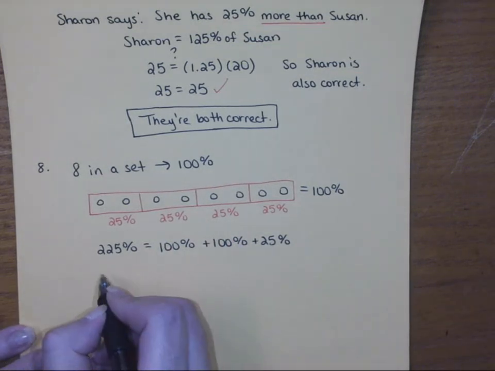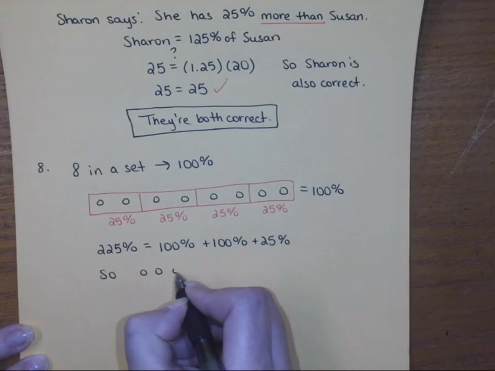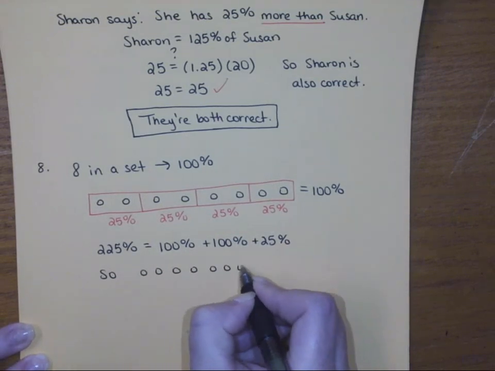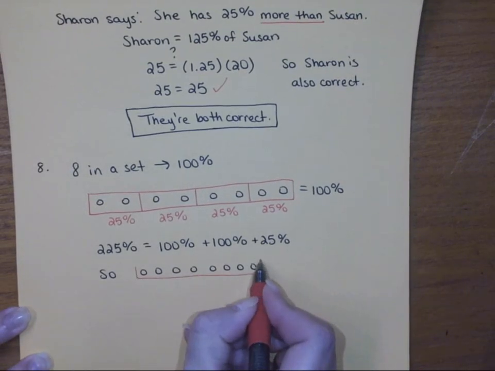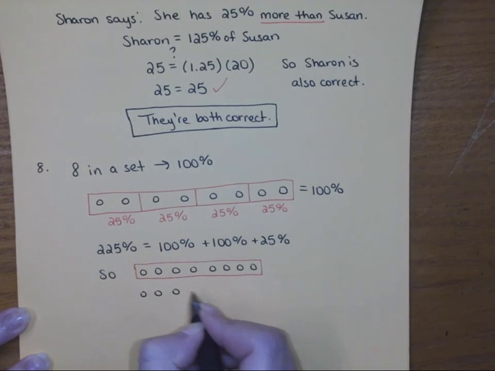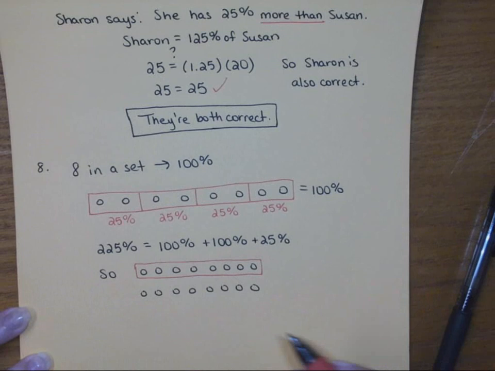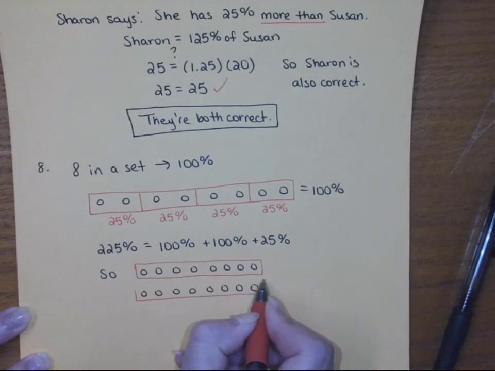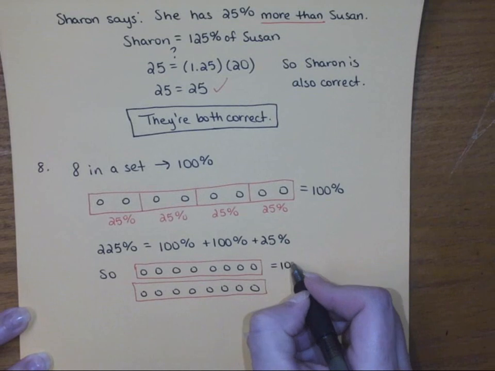So now, since I showed that, I can show that we have 1, 2, 3, 4, 5, 6, 7, 8, right? Here's a full set. And then I'll add a second full set. So each of these representing 100, right?